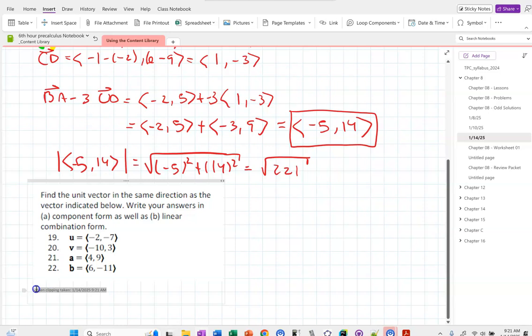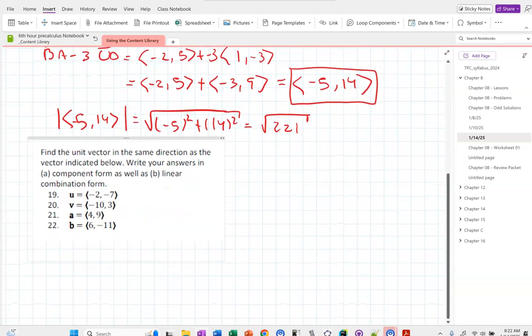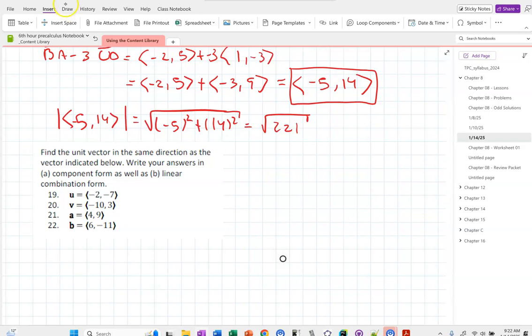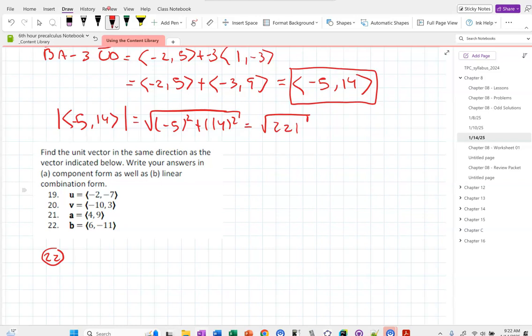So it says find the unit vector in the same direction as the vector indicated below, and then write your answer in component form as well as a linear combination form. So reminder that my formula for doing this is going to be 1 over the magnitude of my vector times the vector.